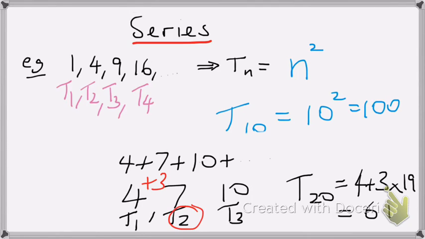That's actually called an arithmetic series or an arithmetic progression, and that's one half of the major component of this topic. So arithmetic means you add the same number every time.